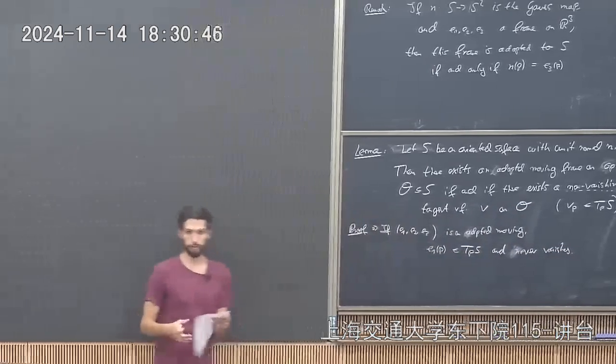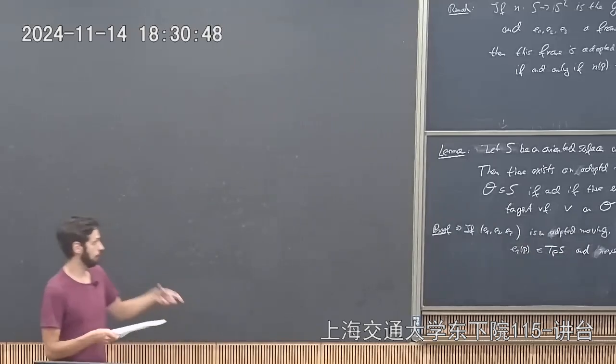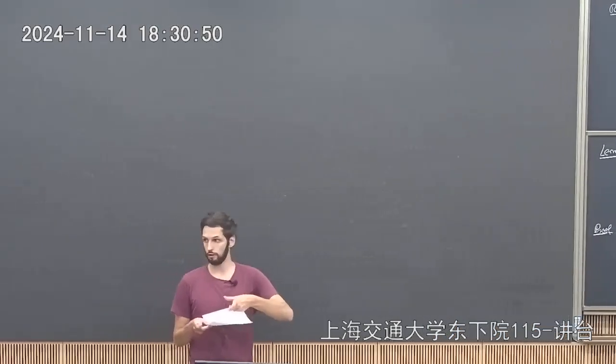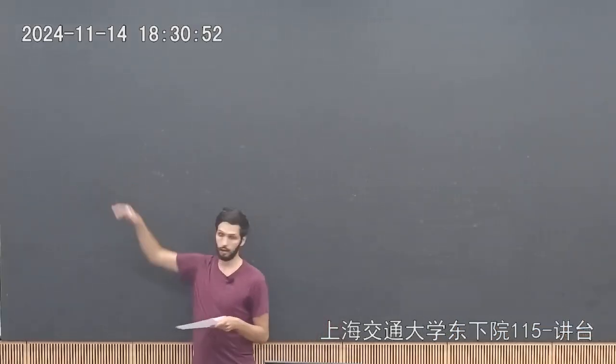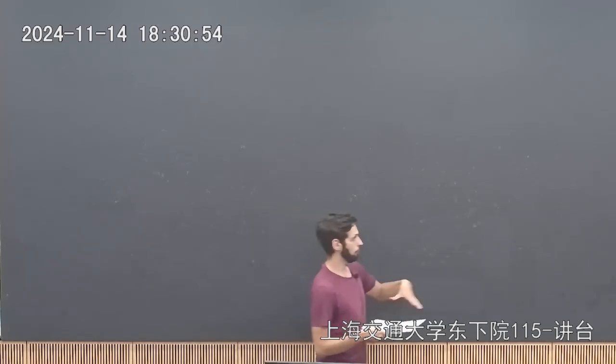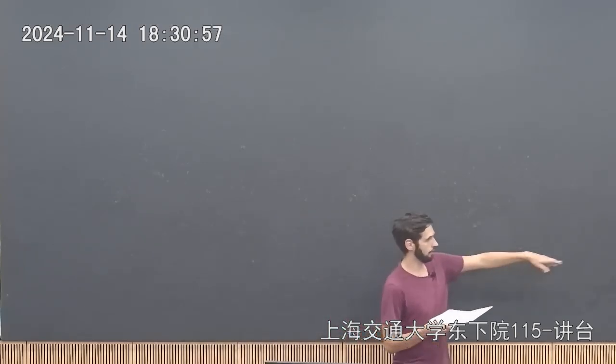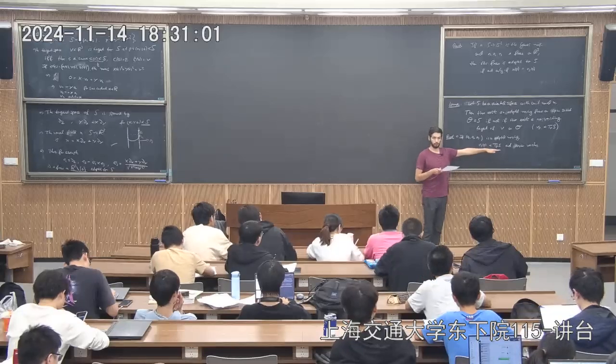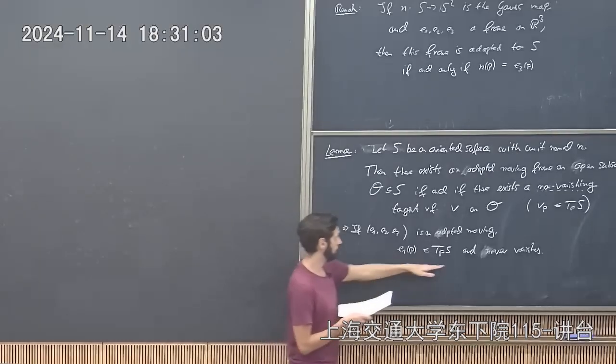If you have a moving frame, then E1 and E2 are elements of the tangent space as we discussed up here, and they have to span the tangent space, which is two-dimensional. They can never vanish, otherwise it would be only one dimension.